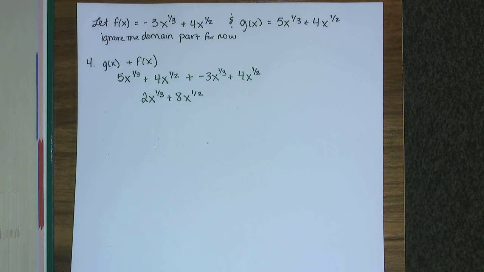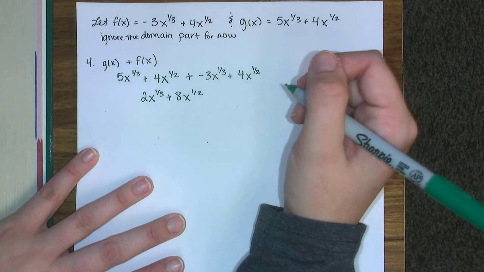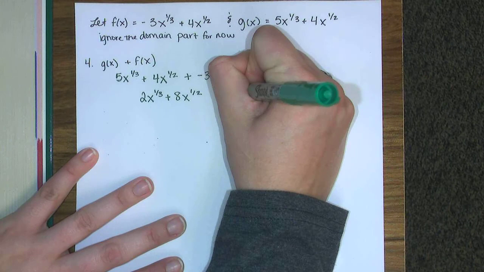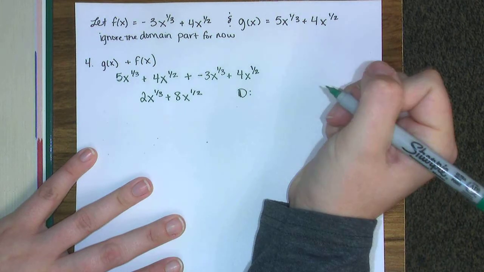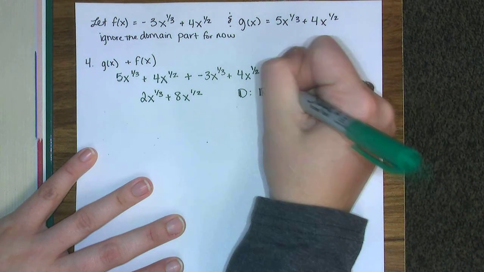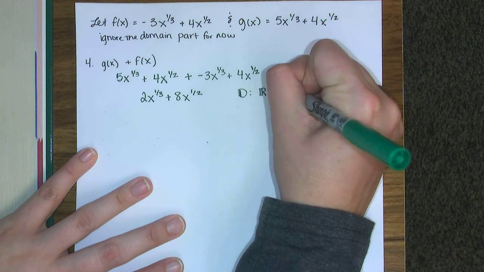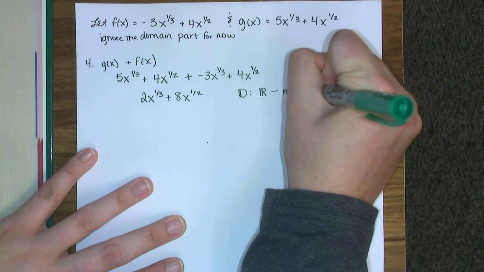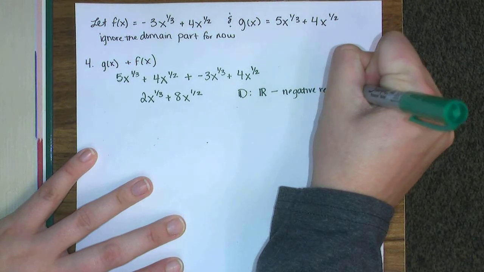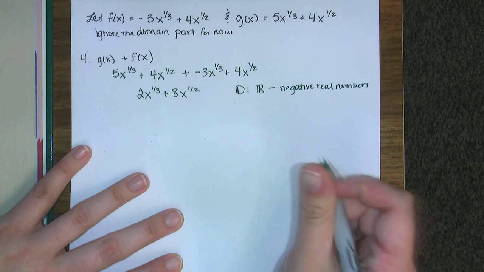The domain is all real numbers minus the negative real numbers, because we can't take the square root of a negative number. But anything else we can take the square root of. Like I said, you're not responsible for this, just so that you see it.